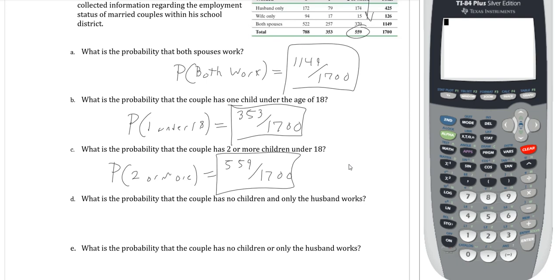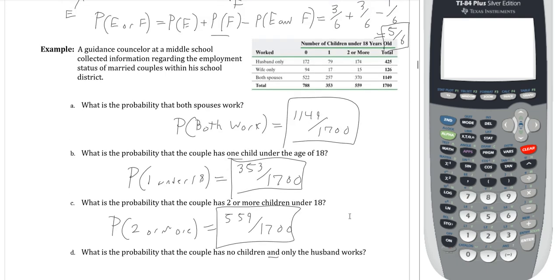All right. Next, we have: what is the probability the couple has no children and only the husband works. So we want to make sure both of those situations are met. Looking up here, we have no children, so that's this column, and only the husband works. We have these 172 individuals.